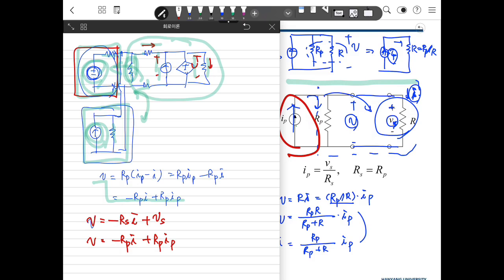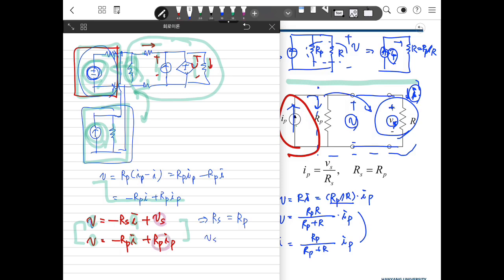So in two cases, V is the same and current is the same. To get the same equation, Rs should be the same as Rp, and that value should be the same as here.